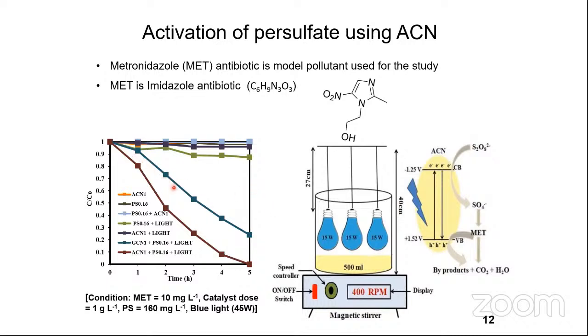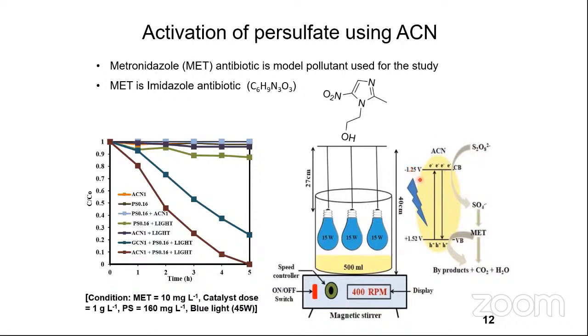You can see in this kinetics graph that ACN has very good efficiency compared to the pristine carbon nitride, with almost a 1.5 times increase in the removal rate.